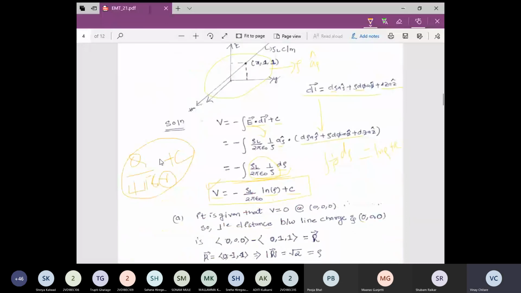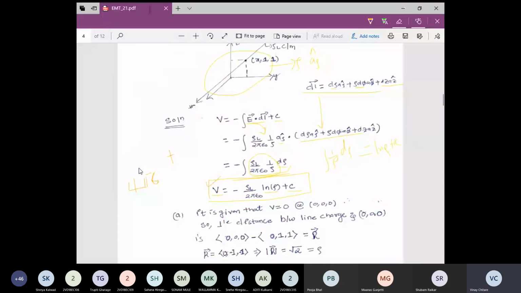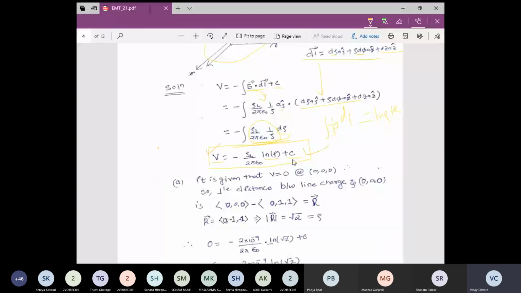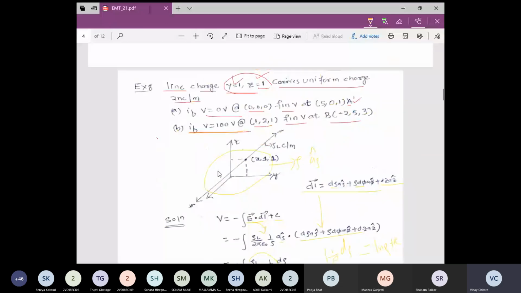So we got to know this result. Now the first thing we need is to find c, so we'll solve part A of the problem. It's given that V is equal to 0 at the origin.